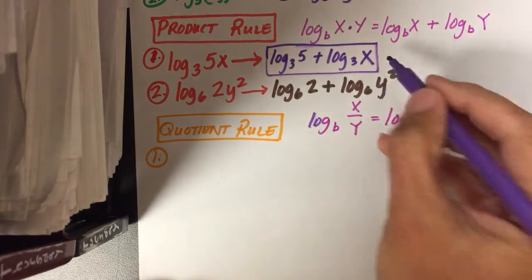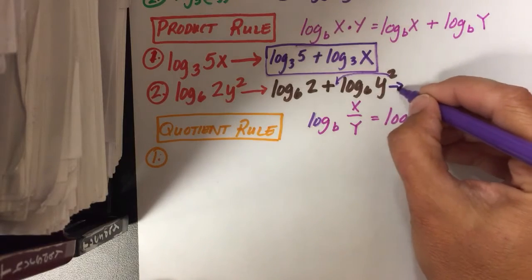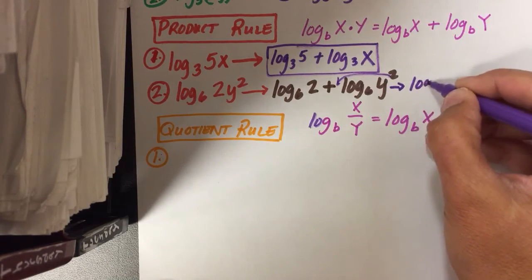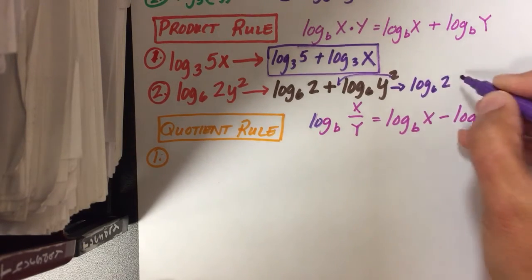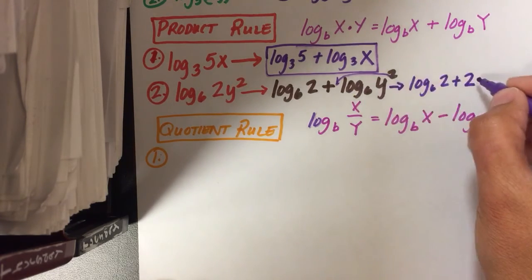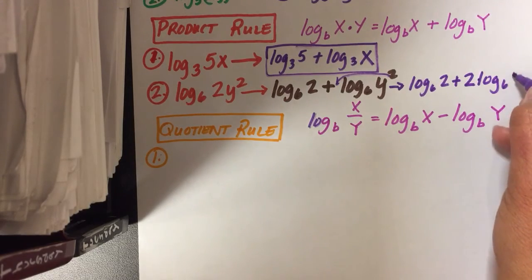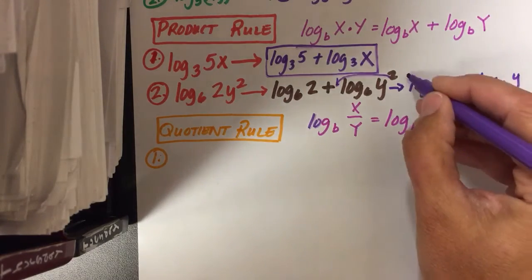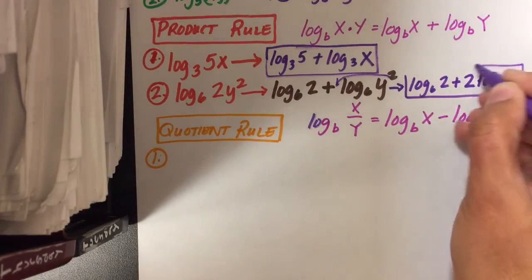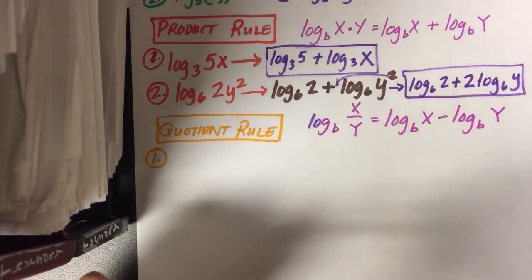So now I can take that exponent and move it in front now that they're separated. So I can expand this a little further, and this becomes log base 6 of 2 plus 2, which is my exponent, times log base 6 of y. And that is my complete expansion using the product rule and using the power rule.